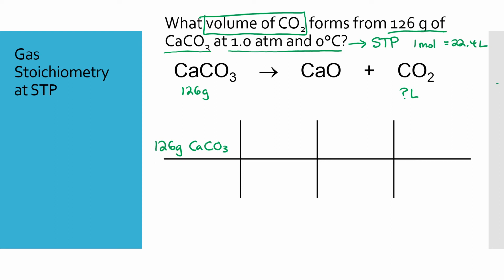Again, the same questions, y'all. Number 1, am I in moles? Answer is no, so we need to be in moles. And what goes on bottom, again, copy and paste, don't even think about it.